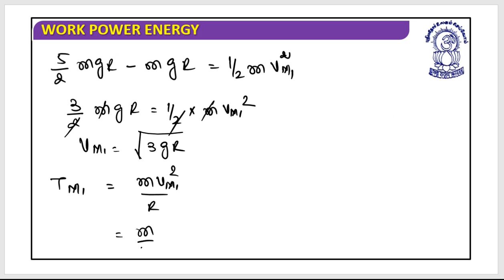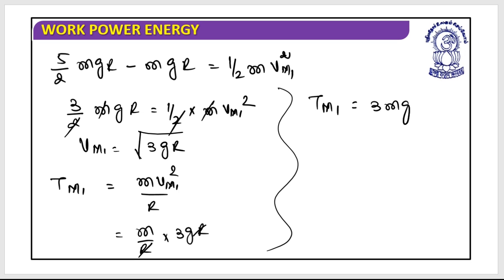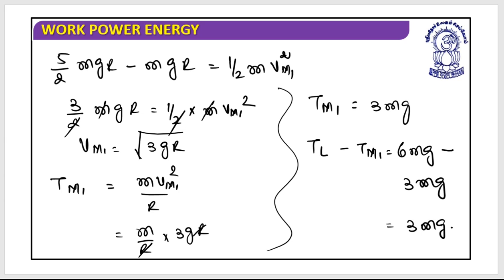This is equal to m by r multiplied by 3gr. So this is the tension at m1, which is 3 mg. So the difference is tension at lowest position minus tension at m1. This is 6 mg minus 3 mg, and this would be equal to 3 mg. This is the difference, TL minus TM1.